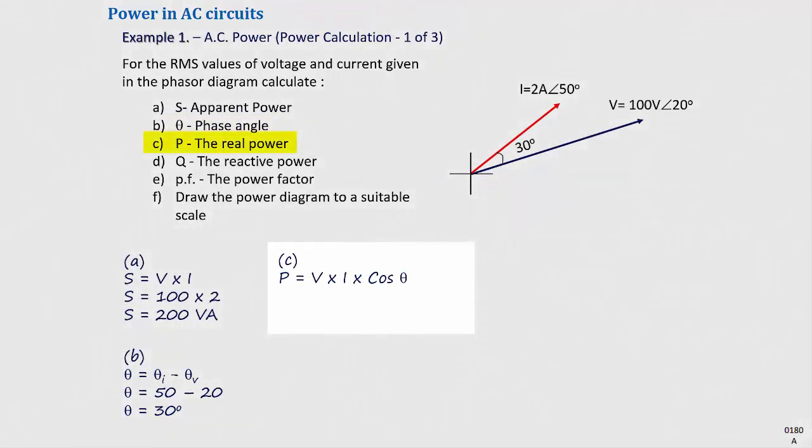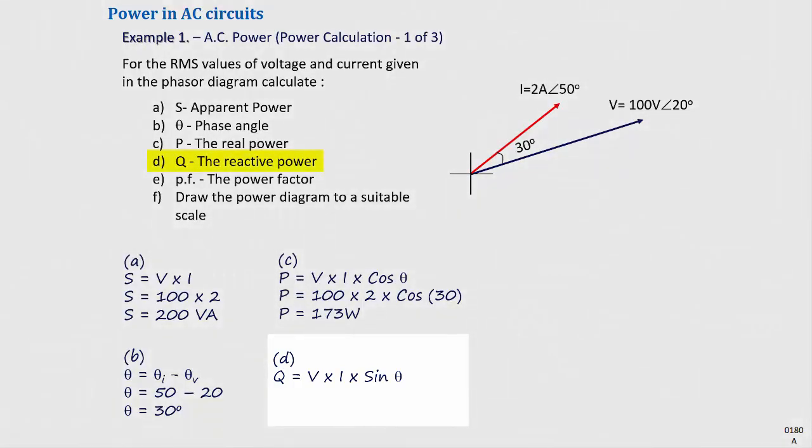Part C is to calculate the real power P. So the real power P equals the supply voltage times the current times the cosine of the phase angle. Substituting values, the real power P equals 100 times 2 times cosine 30, which equals 173 watts.